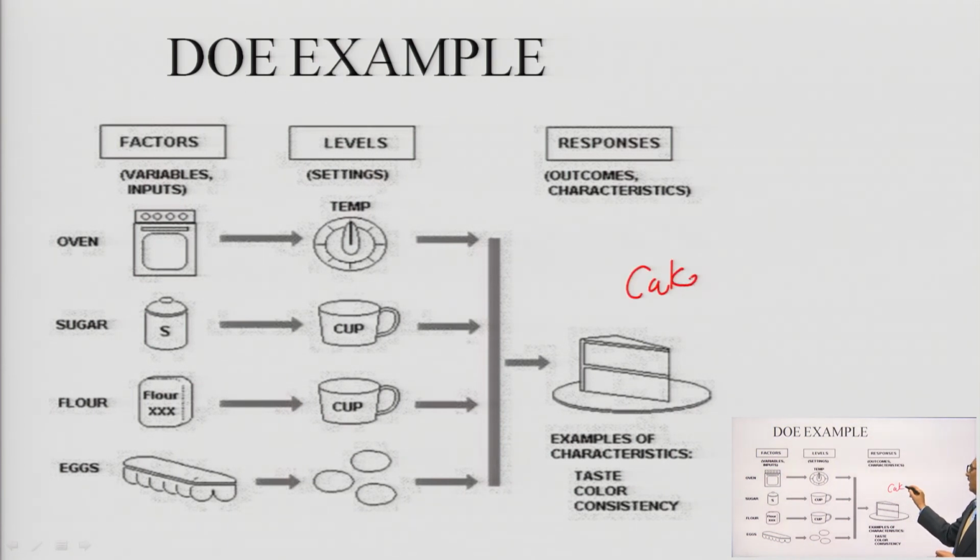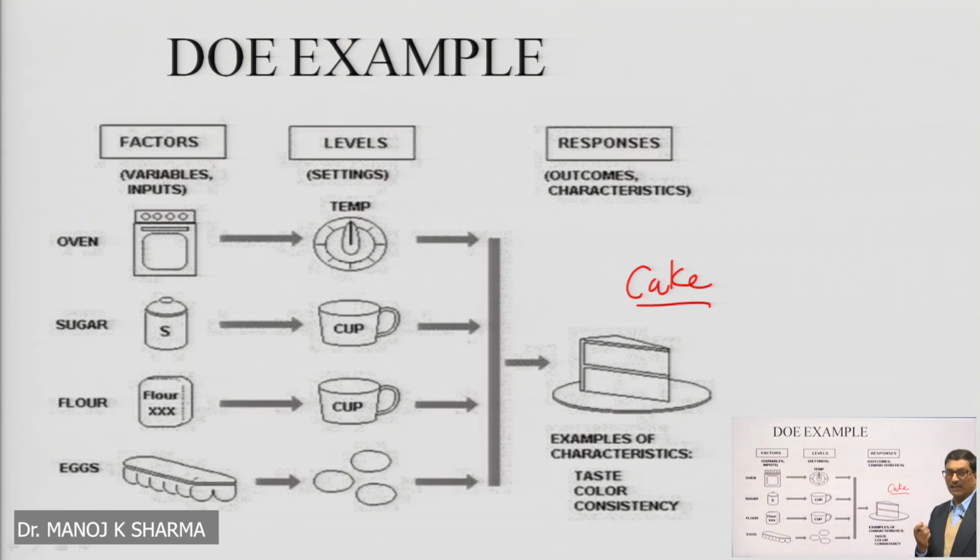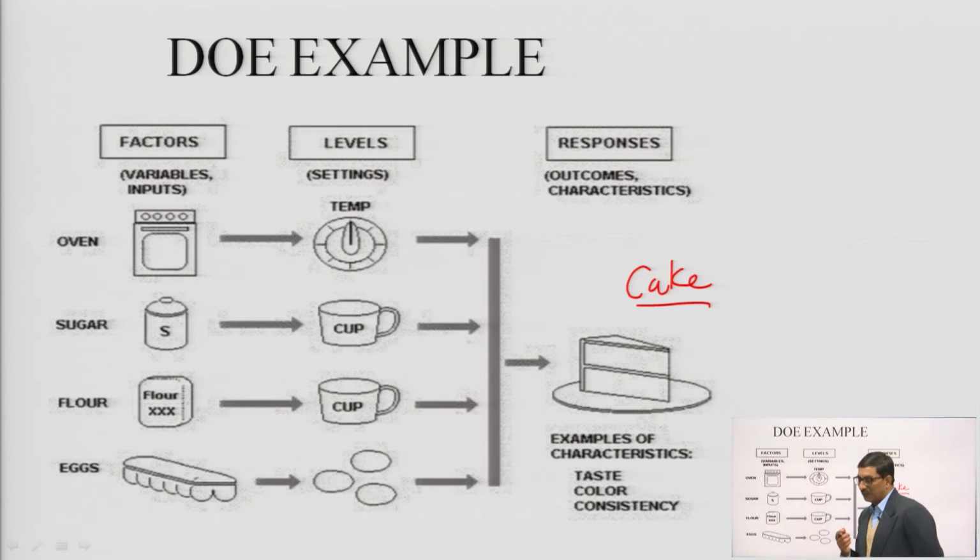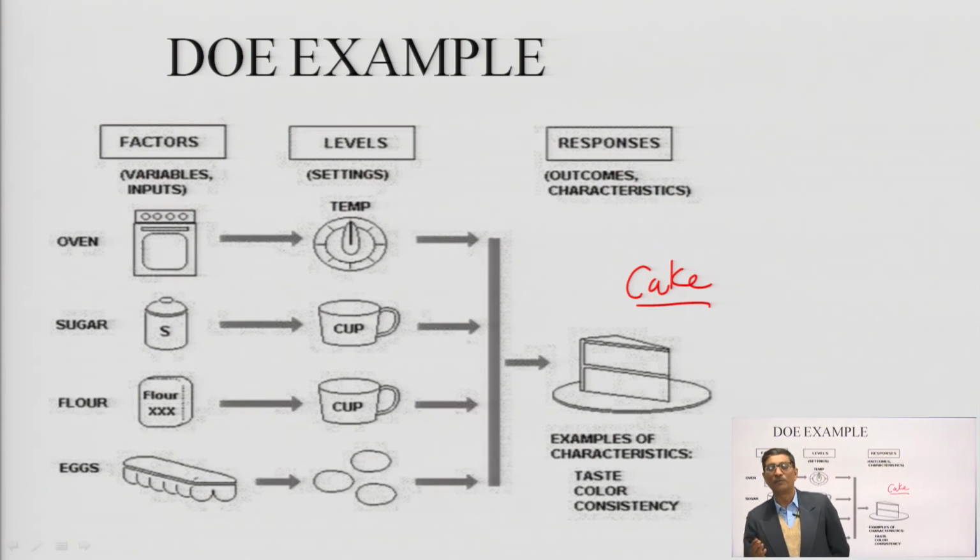We are baking a cake here. So, cake is the output and the characteristics of this example are taste, color and consistency. That means we can increase the taste or change the color, and with the help of changing color and taste we form different types of cakes.